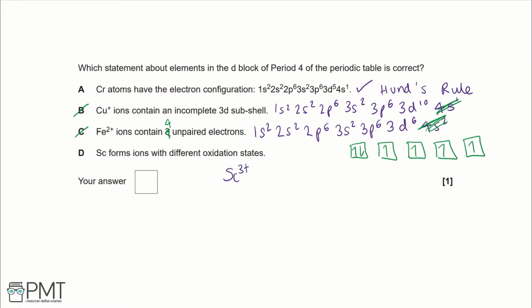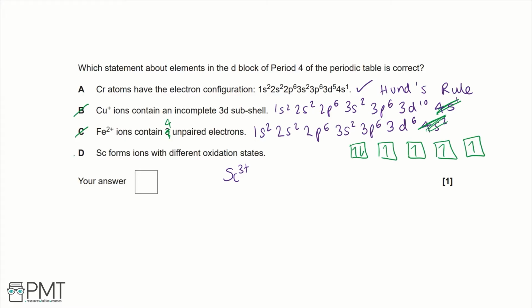It just loses all of the 3d and 4s electrons to form this ion. So it doesn't have this classic trait of a transition metal, and therefore it doesn't count as one, so it won't form ions with different oxidation states because it can't. It only has one ion that's stable enough to be formed.